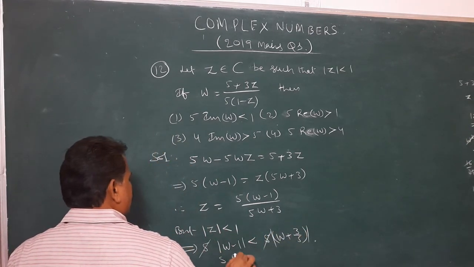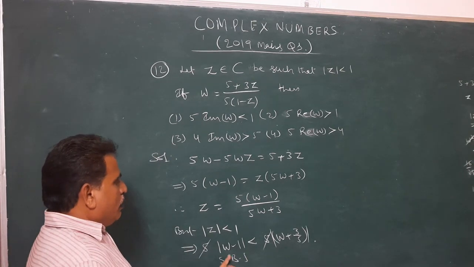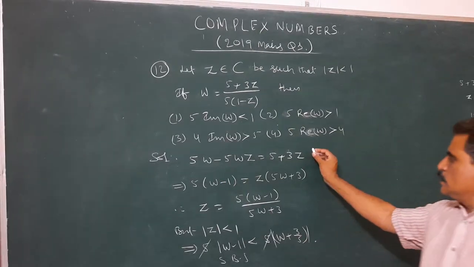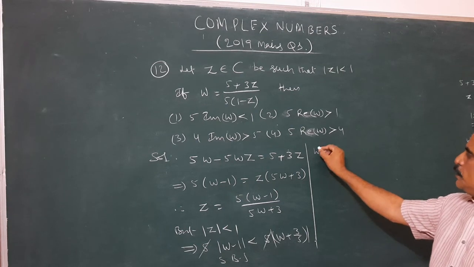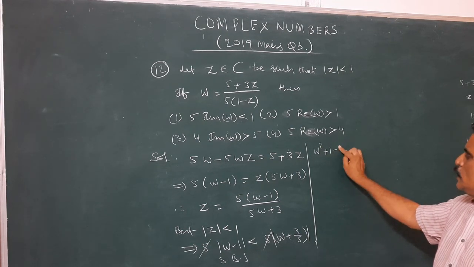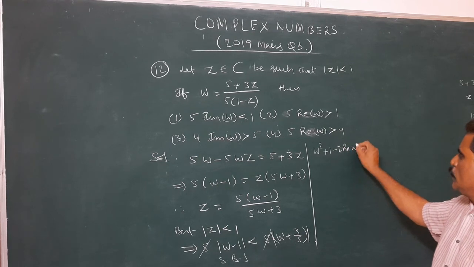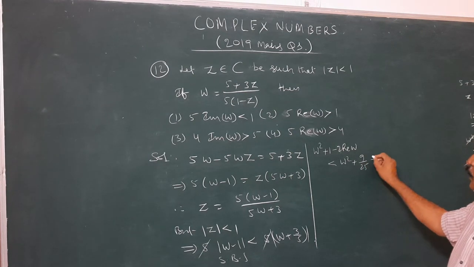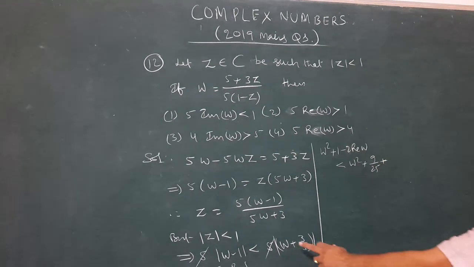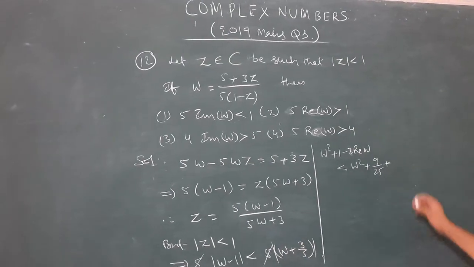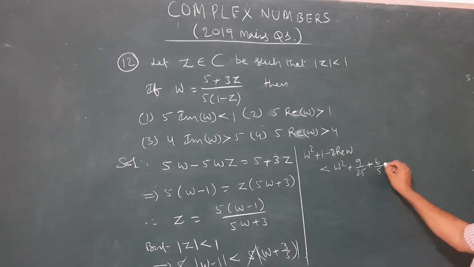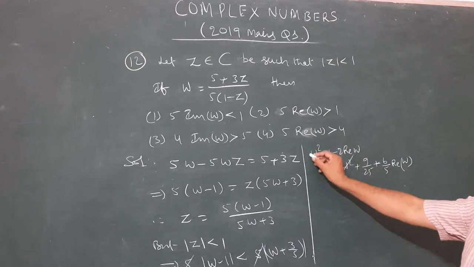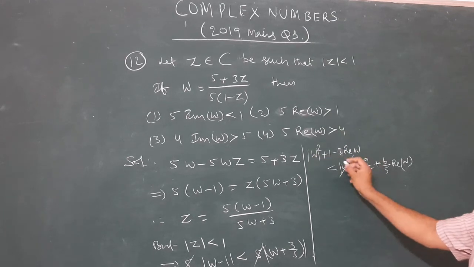Squaring both sides, we get |w|² + 1 − 2 Re(w) less than |w|² + 9/25 + 2 Re(w) into 3/5. That means 6/5 Re(w). Now here |w|² cancel.